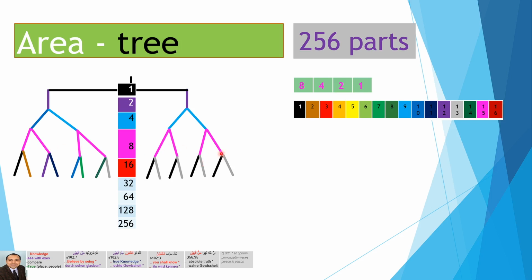In the next step, again 2, 4, 6, 8, and this side is also 8, 16 parts. In binary, you write 2 power 0 is 1, then 2, 4, 8. So here are 4 bits, and maximum states you can present is 16.